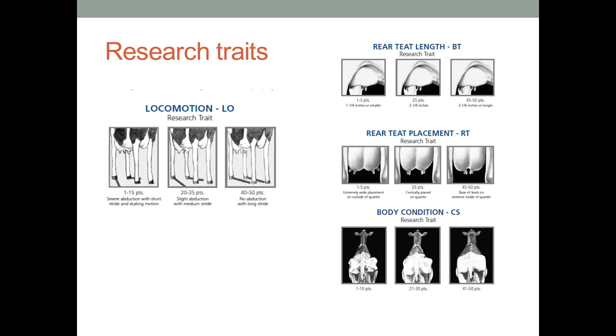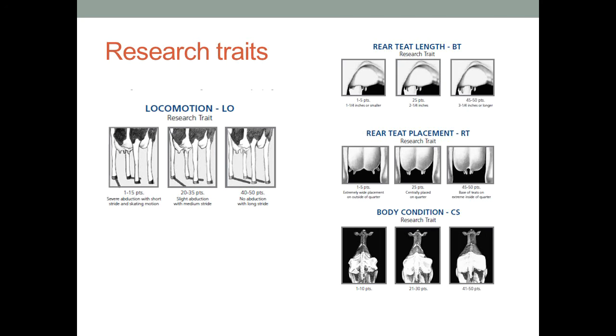Periodically, the breed associations decide to begin collecting data on additional traits that are perceived as being important to production, longevity, and profitability. Here are some examples right now. The Holstein Association, for instance, is collecting data on locomotion. And so what they're looking at is abduction.